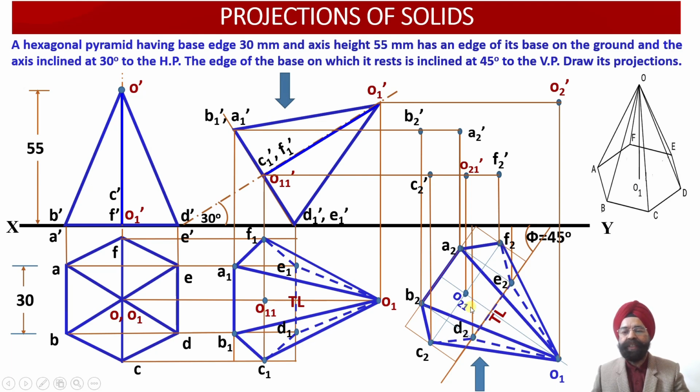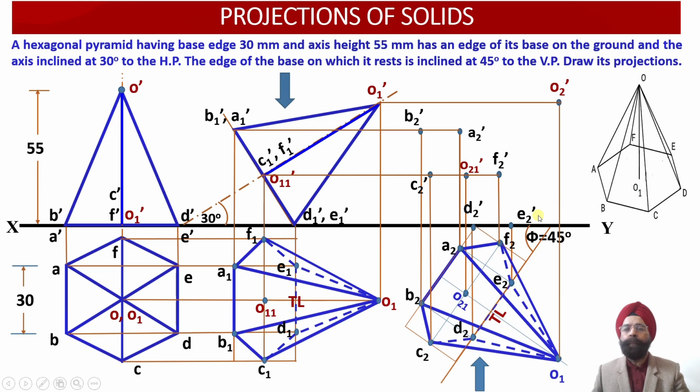So this vertical projector through D2, whenever it intersects with the XY reference line, we obtain the point D2 dash. Similarly, this is point E2. Once we draw the vertical projector line emerging from E2, wherever it intersects with the XY reference line or the construction line or the projection line emerging through E1 dash, we obtain the point E2 dash over here.